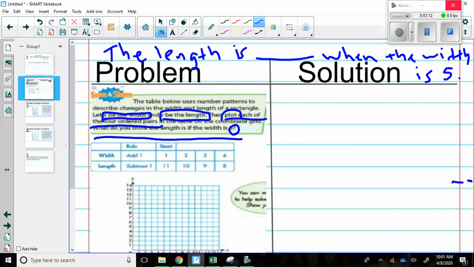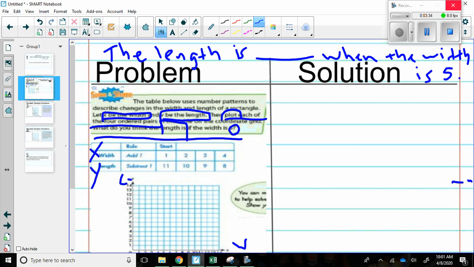What do you think the length is if the width is 5? So notice that we need to keep in mind that the width is represented by x and that length is represented by y. So that's length, and down here is width.